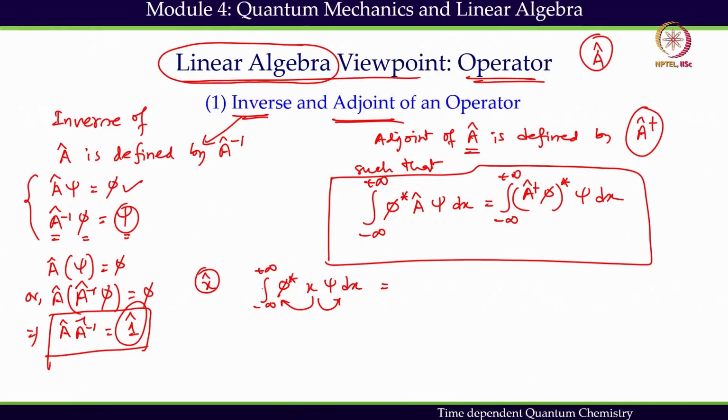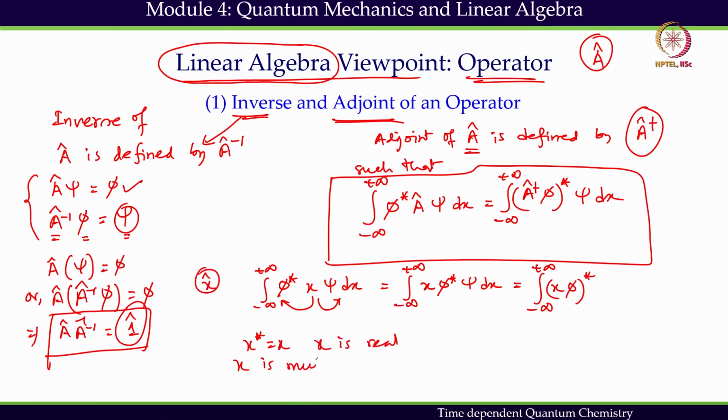then I can replace it anywhere. It is just multiplication, so I can place it conveniently here, and it is the same value because it's a multiplication operator. And X is real, so I can also write X phi whole star, because X star equals X, as X is real and a multiplication operator.